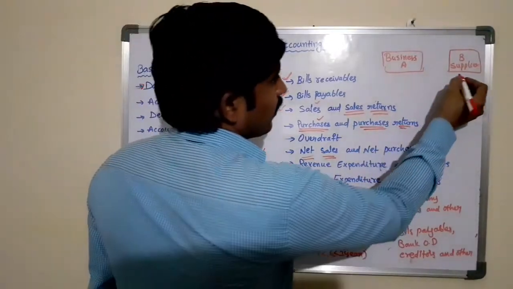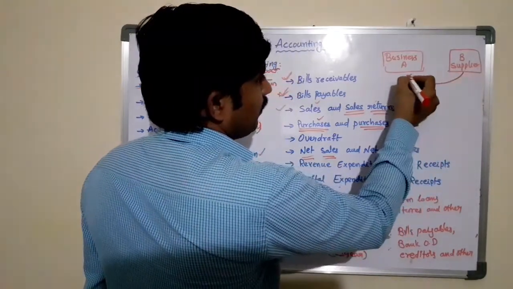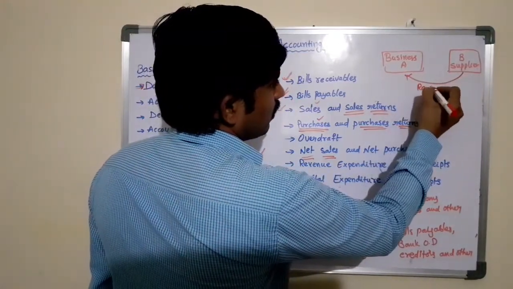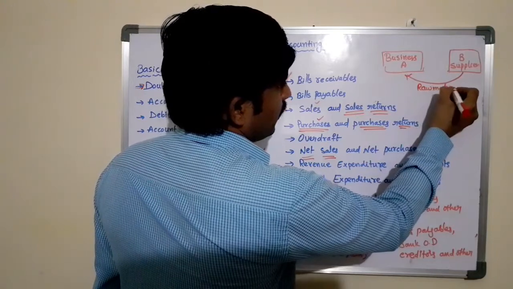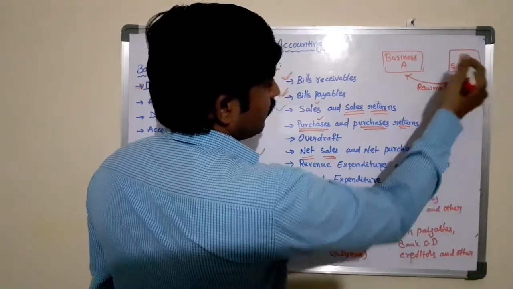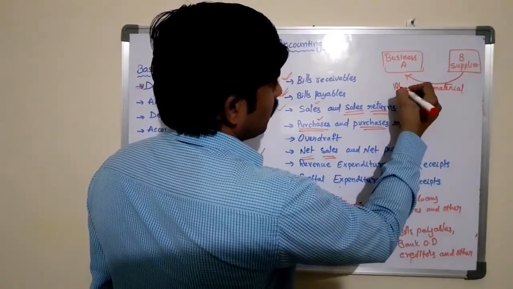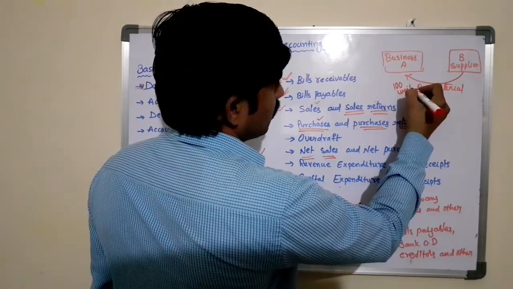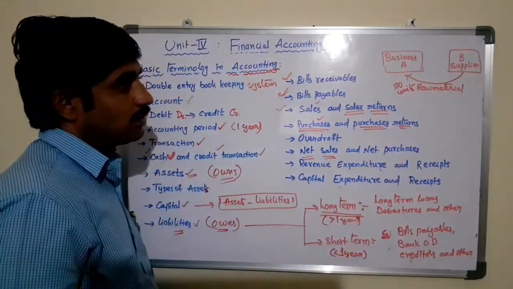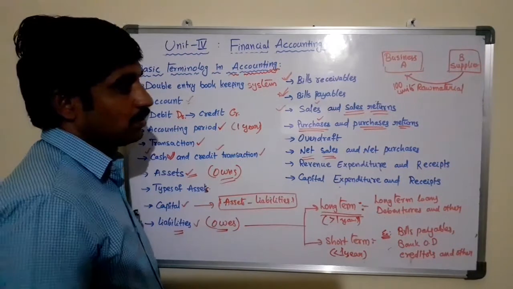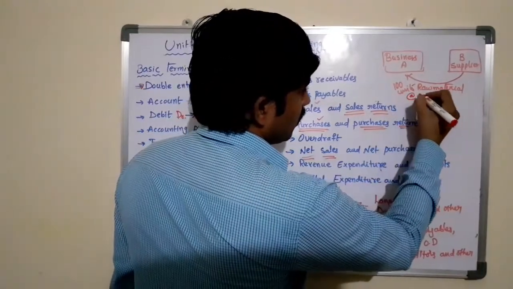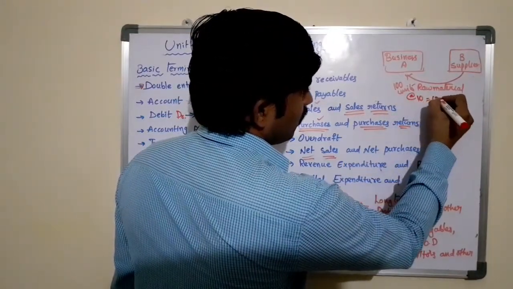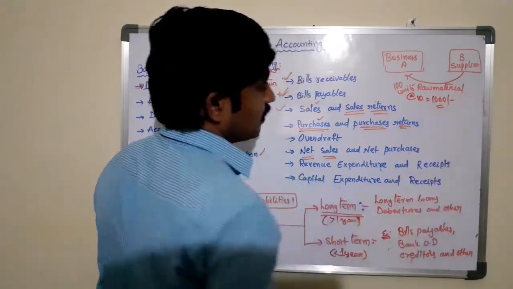So if you purchased raw material from B worth 100 units, this is known as total purchases, and the value of purchase is, for example, 1000 rupees.